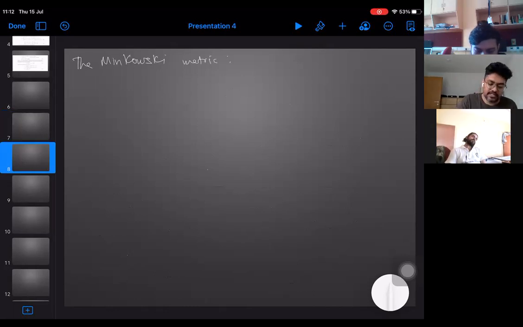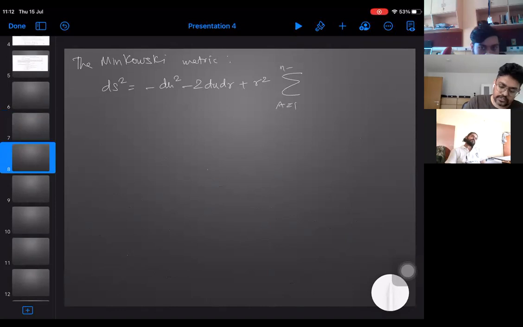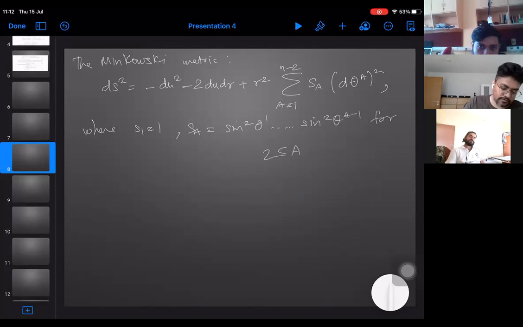in these coordinates becomes ds squared equals minus du squared minus 2 du dr plus r squared dΩ squared on the n minus 2 sphere, where your S1 is 1 and your S_A is just your typical n minus 2 sphere. For this, the value of A is between this.